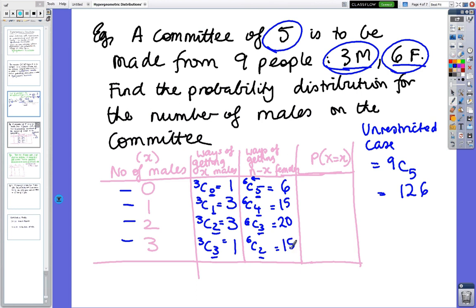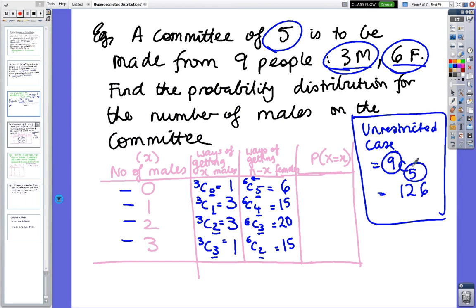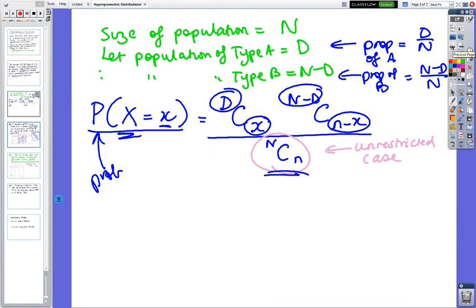Okay, so the unrestricted case is over here because that's what we're going to divide by. So we've got 9 people and we've got 5 people to go on the committee. So the unrestricted case is 126. So if you look at the previous formula, we're going to take the number of ways of one and the number of ways of the other, and then divide by the unrestricted.